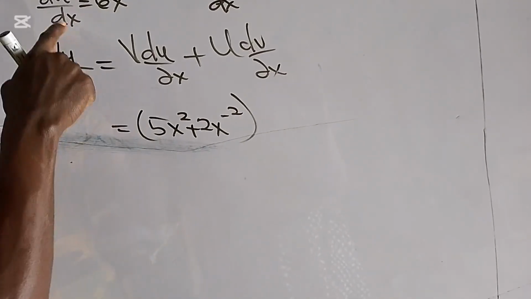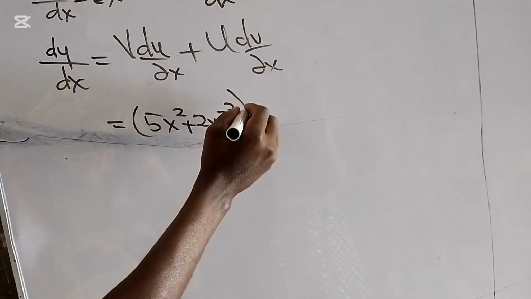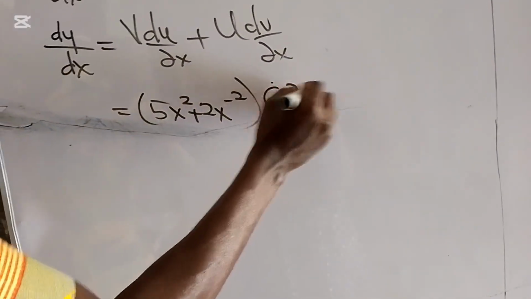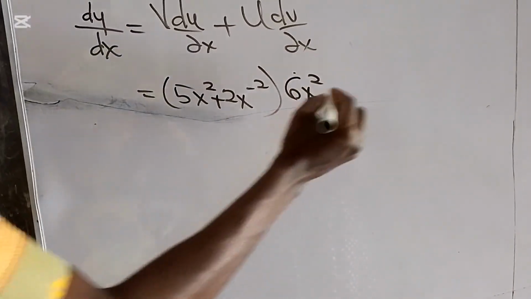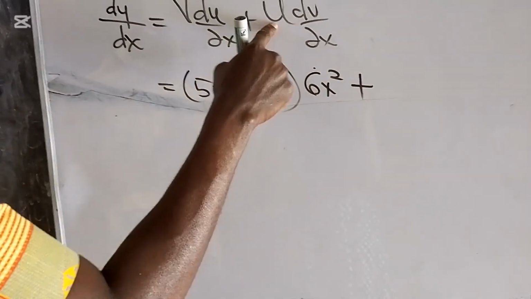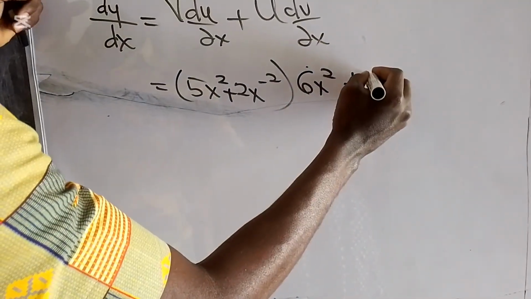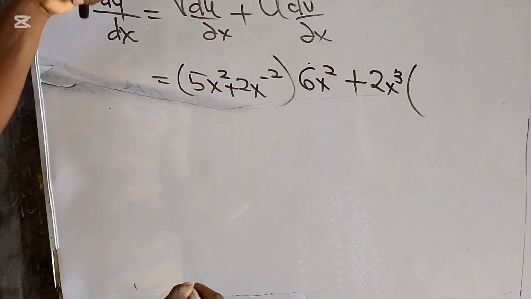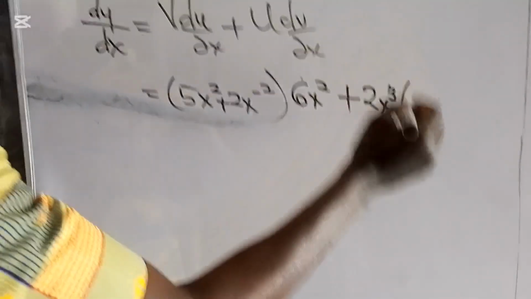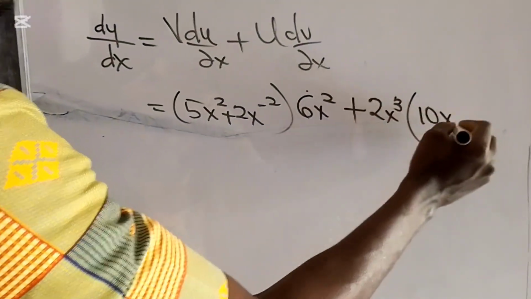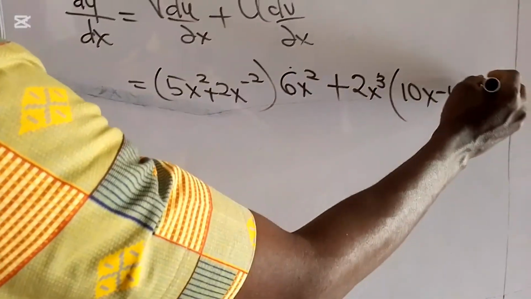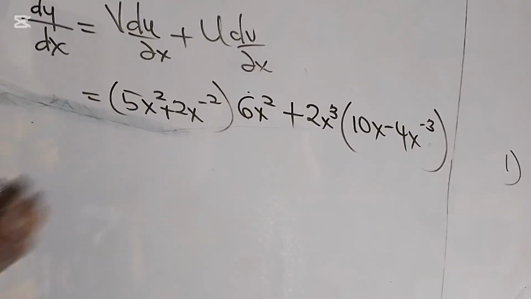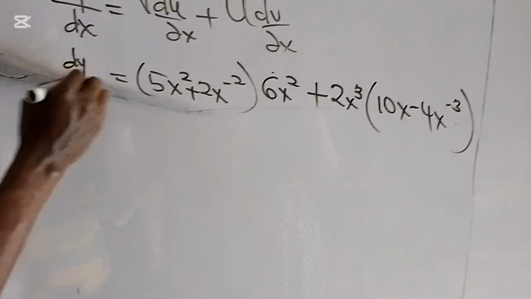Then our du gives us 6x squared, plus our u. What's our u? Our u is 2x cubed multiplying our dv. dv is 10x minus 4x to the power of negative 3.